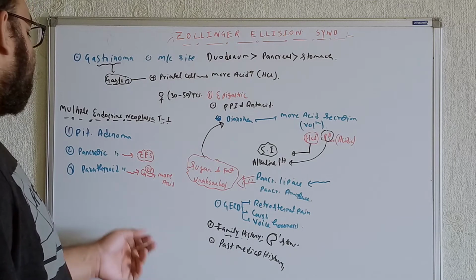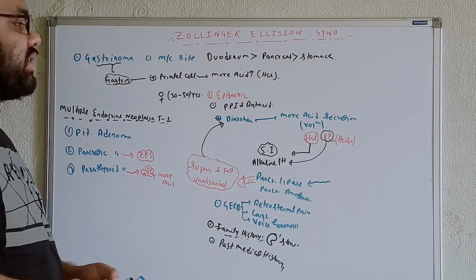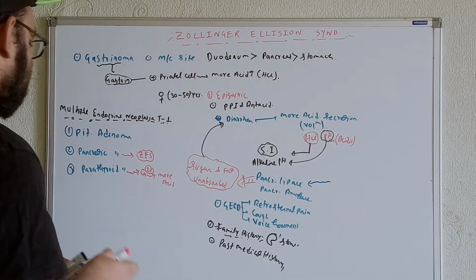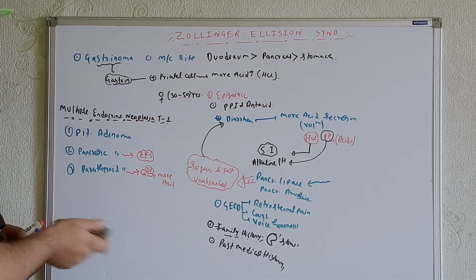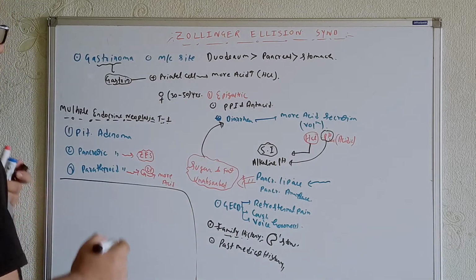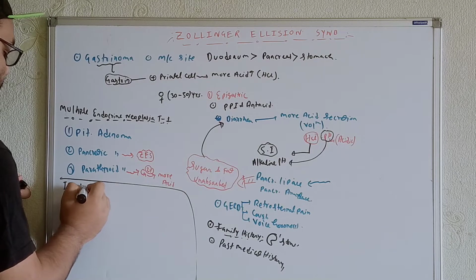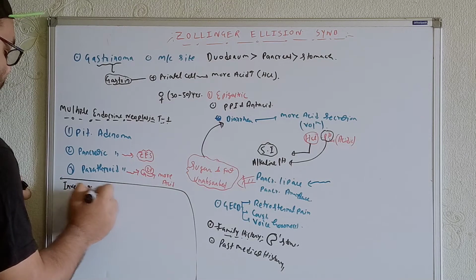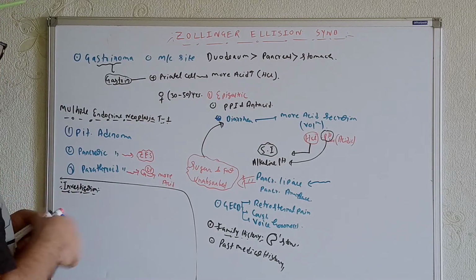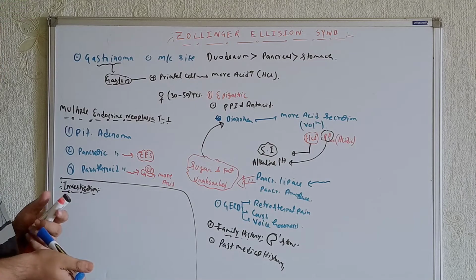Now, what type of findings can you get over here, the investigations? So how can we do the investigations over here? For that, let's write it over here in terms of investigations. Okay. In terms of the investigations, first we have to check whether the tumor is present over here or not.